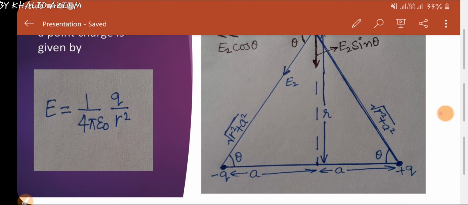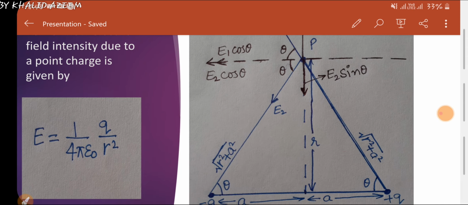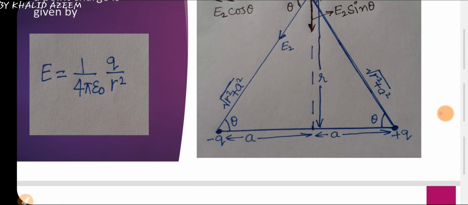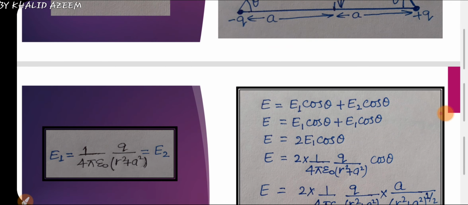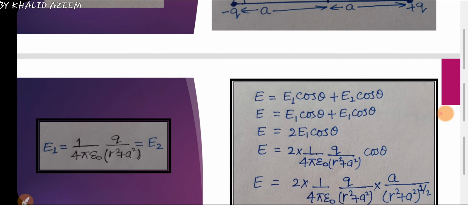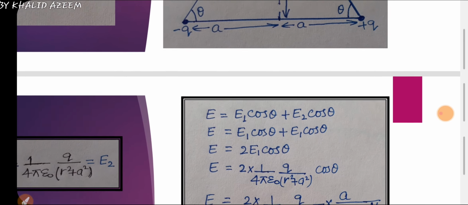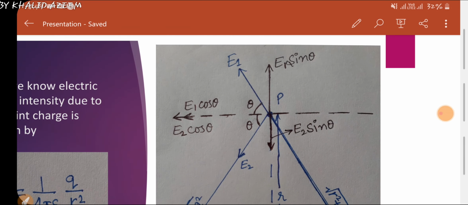Distance means the distance between minus q and point P. So it is under root r square plus a square, and when we square it, it will become r square plus a square, which will be equal to E2.